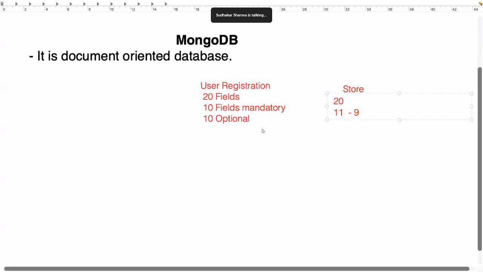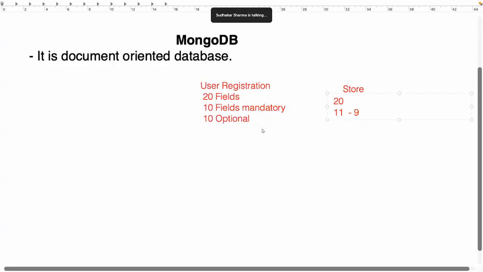If it is document based, every row acts as an individual table. That means one record can have 10 fields, another 15, another 20.